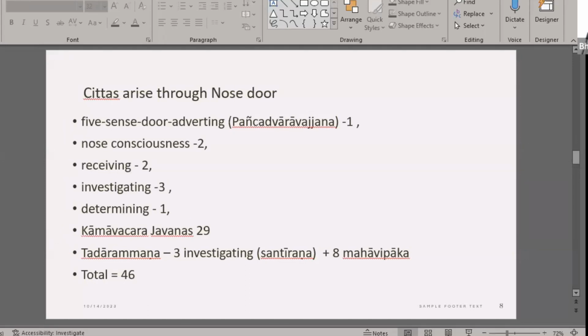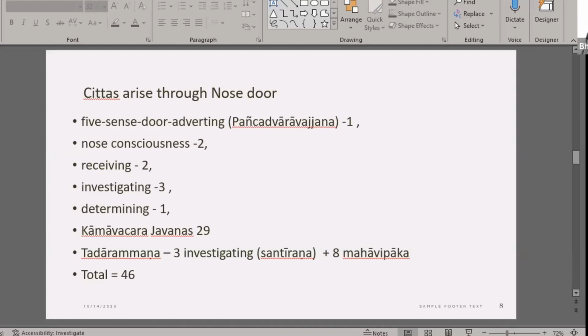Chittas arise through the nose-door. First, when smell strikes our nose, what happens? Five sense door adverting consciousness, Pancadvaravajjana citta arises, then nose consciousness. After that, receiving consciousness, sampaticchana citta.